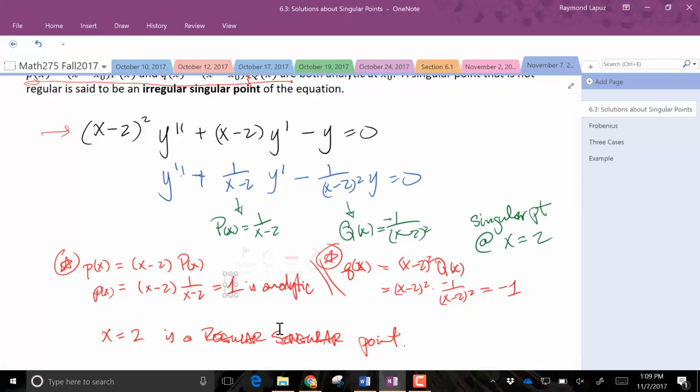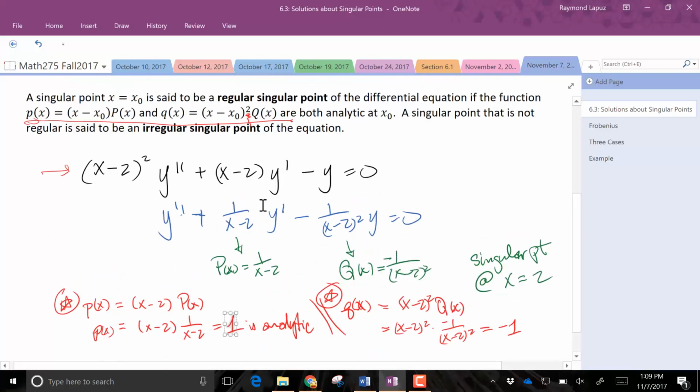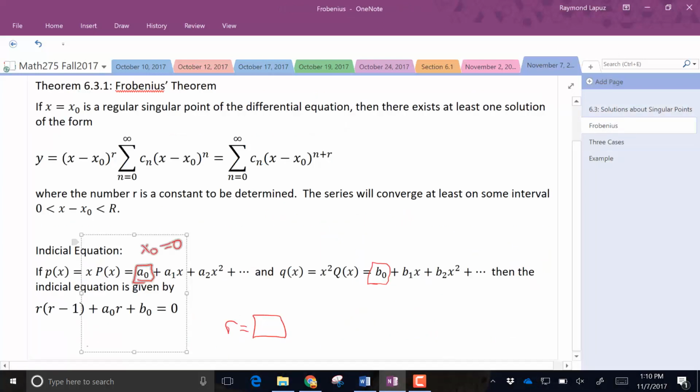That might happen, but it's not always the case, because the idea that this was a singular point means that when you multiply it by x minus x naught, it's going to be a regular analytic function, and there's usually going to be a constant term. That's a good observation.